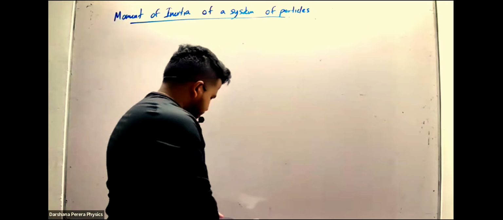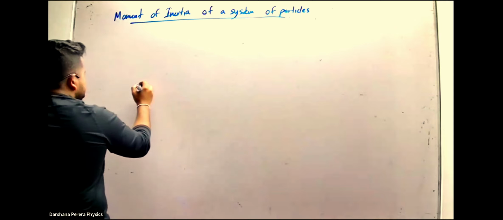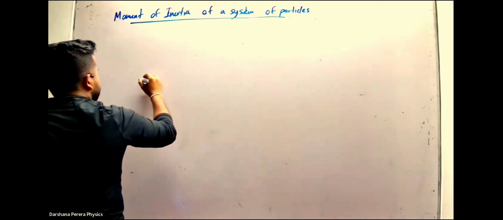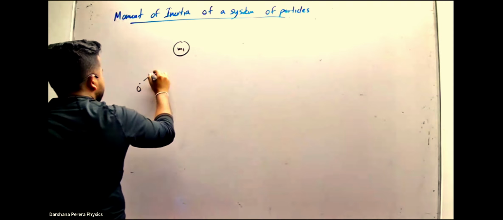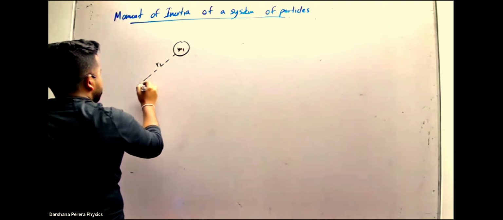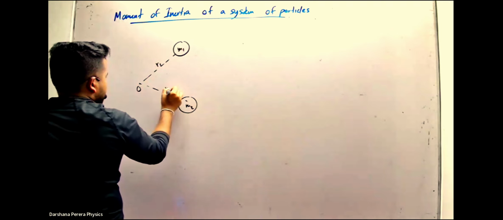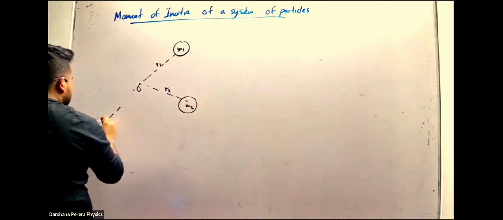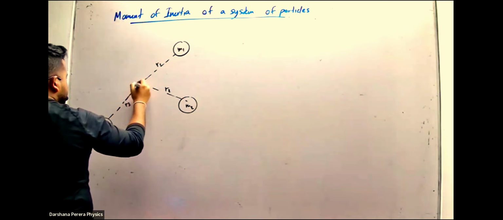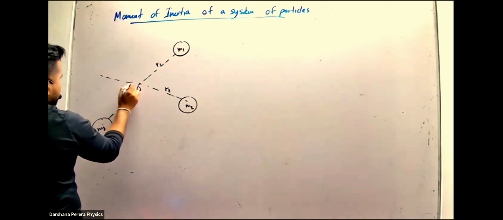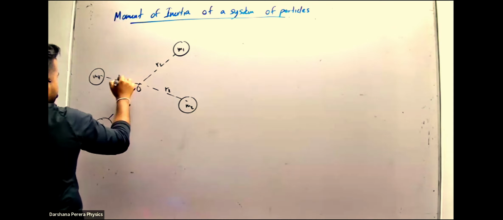Like this. When we take a system, the mass m1 is located at distance r1, m2 at r2, m3 at r3, m4 at r4.